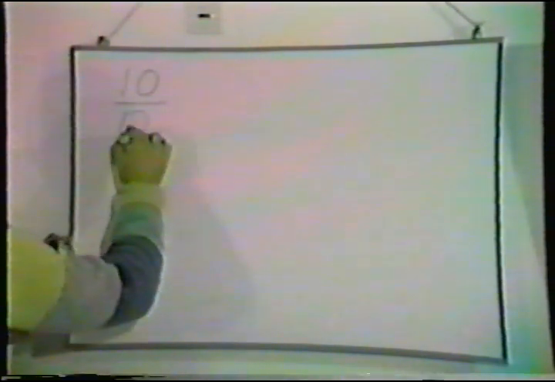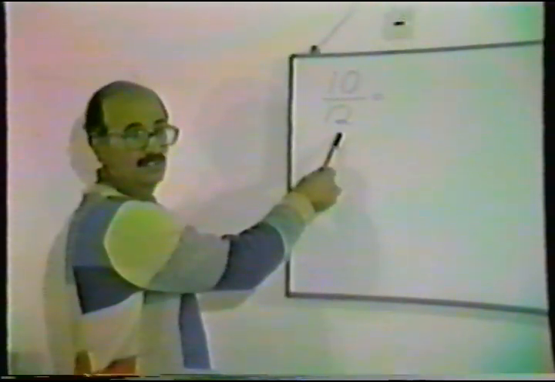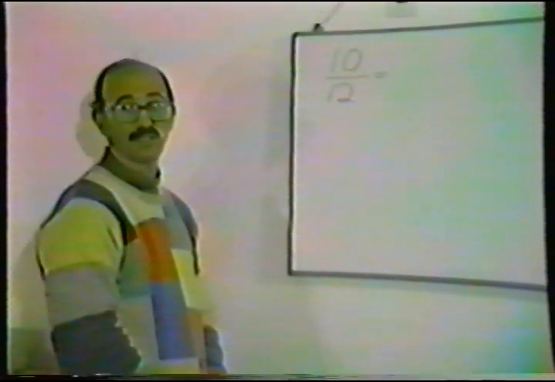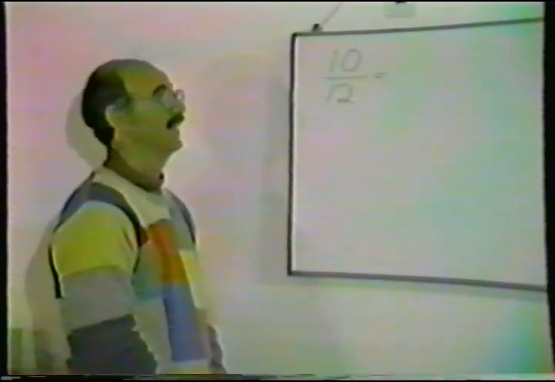Let's do another one. 10 twelfths. Is the bottom number 10, 100, or 1,000? No. Can you make it 10 or 100? No. Can you reduce it? Yes, you can.